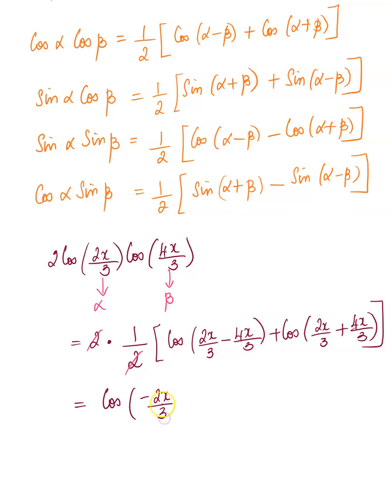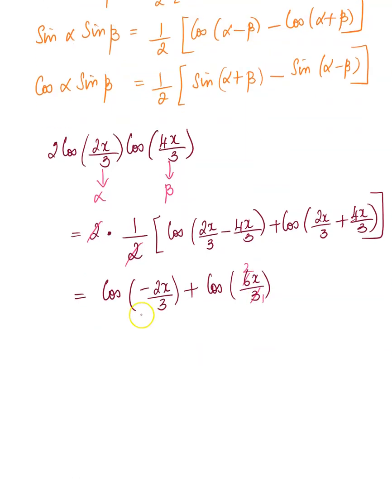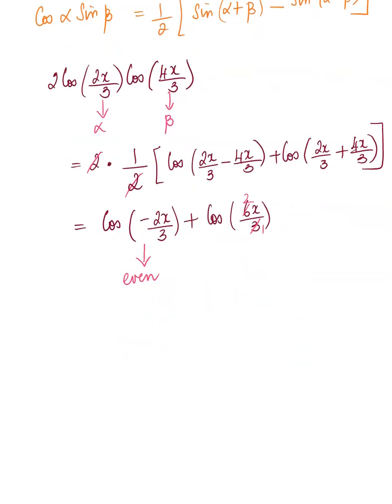They have the same denominator, so subtract the numerators, plus cosine 6x over 3. If you can simplify within the angle, go ahead and do that, and that's possible here because there's a 2x. And here, cosine of a negative angle, this is an even function, therefore the minus is absorbed, so you do not have the minus coming out of cosine, so you just have cosine 2x over 3 plus cosine 2x. So you wrote the product as a sum.